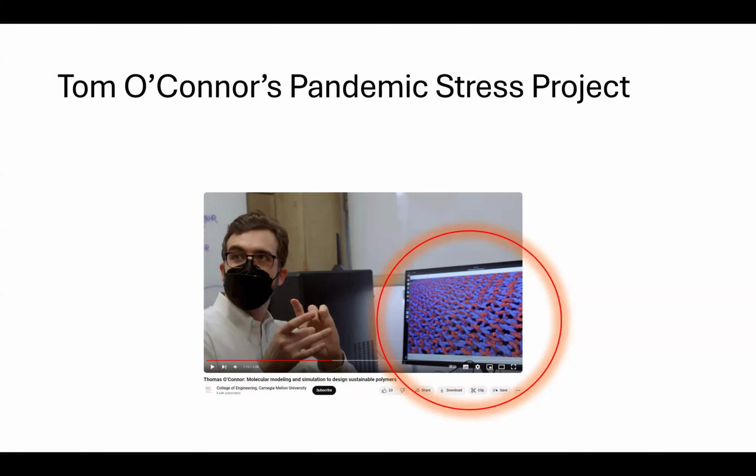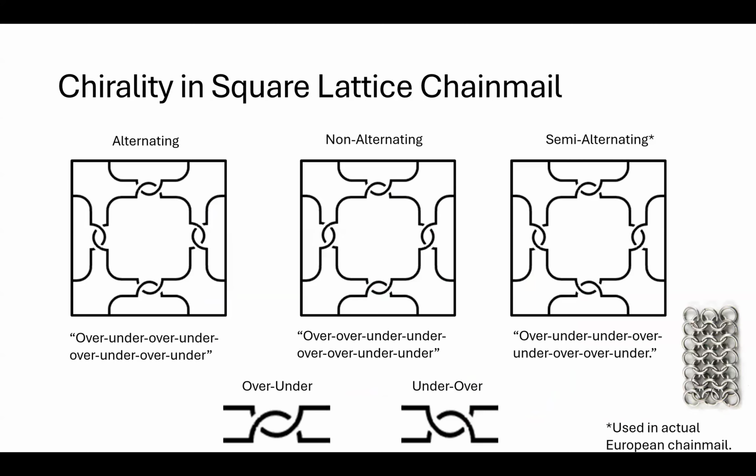So I was interested in square lattice chainmail networks, and I'll explain why, hopefully on the next slide. I can't actually see the preview here. If we have a link connected to 4 of its neighbors, each link can go over under, or it can go under over.